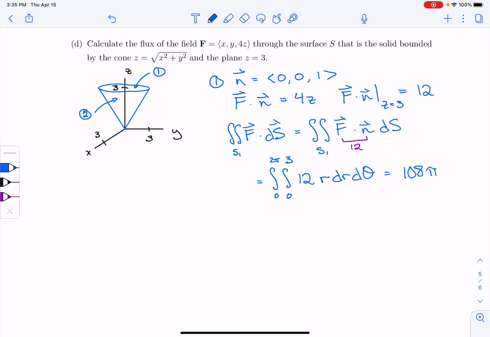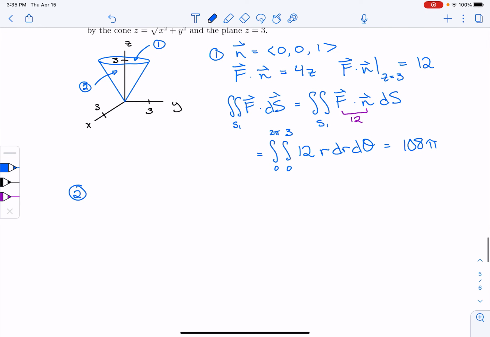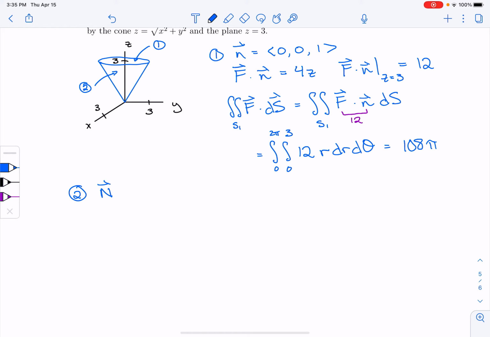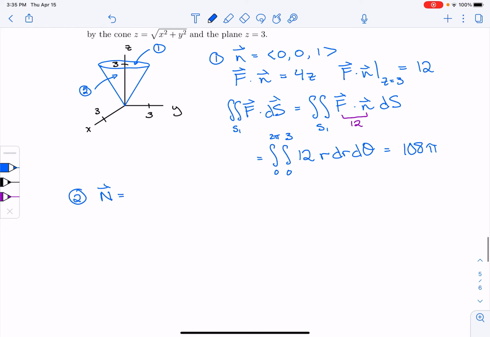Okay, so now let's look at the second surface. For the second surface, I'm going to define the normal vector as being minus the derivative of z with respect to x, minus the derivative of z with respect to y, and then 1.